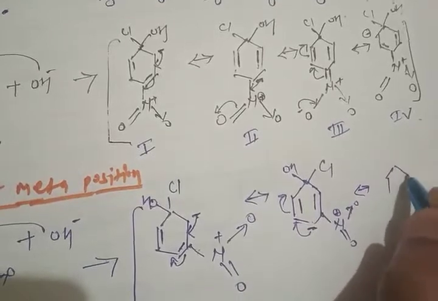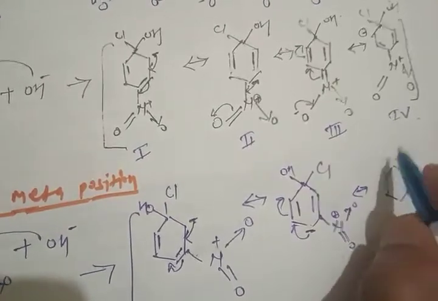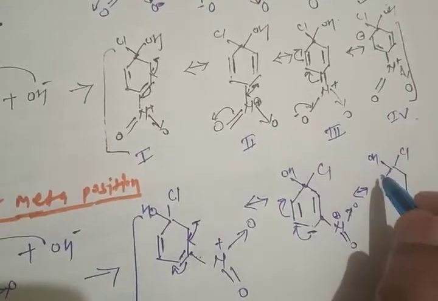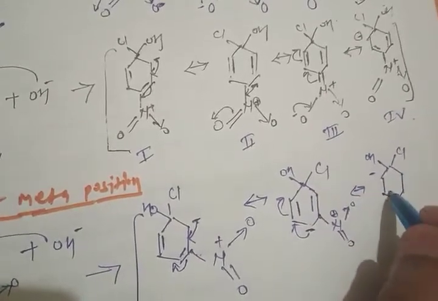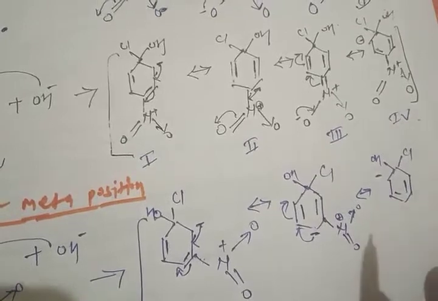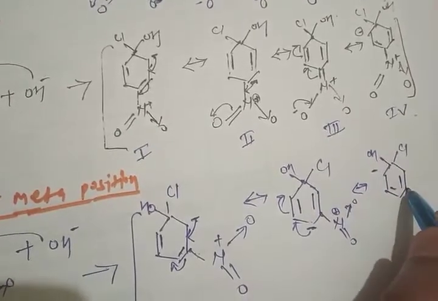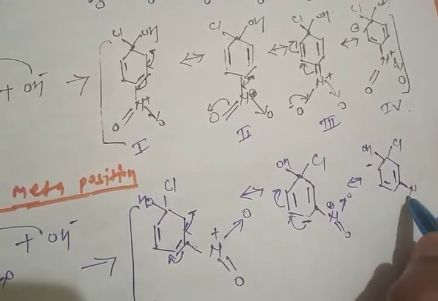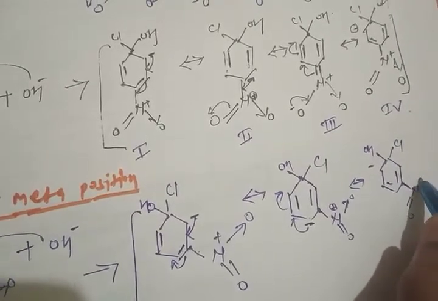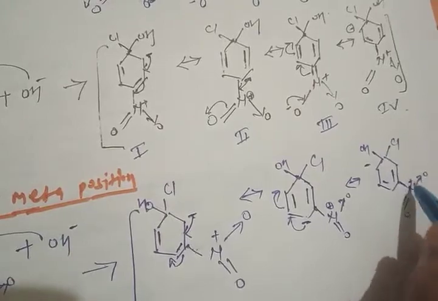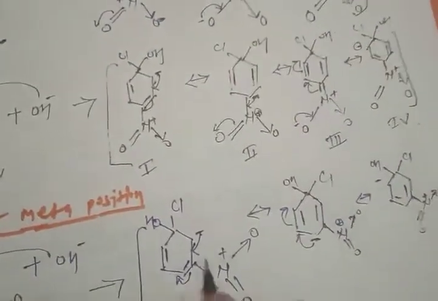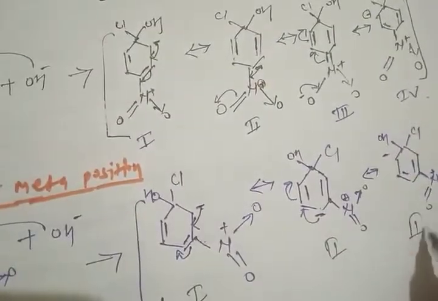So now I think you can understand the reason that the ortho and para positions enhance the reactivity of chlorobenzene. In this case we have only three structures, first, second and third.